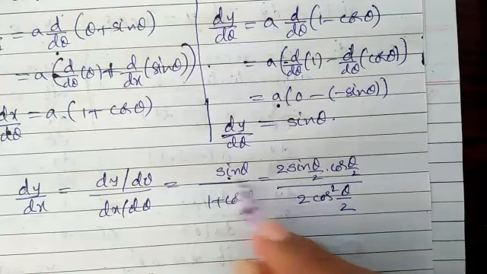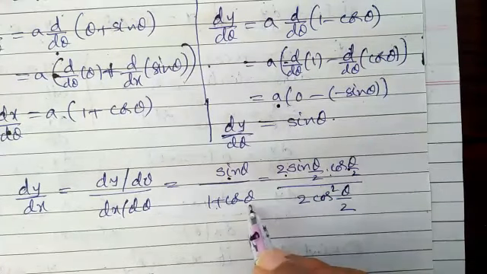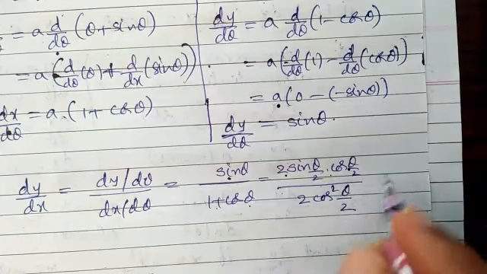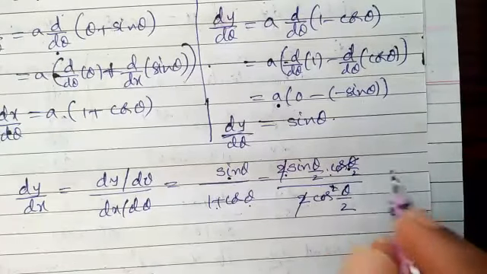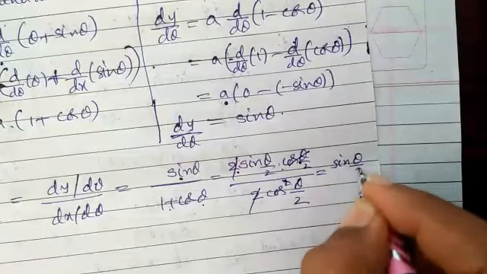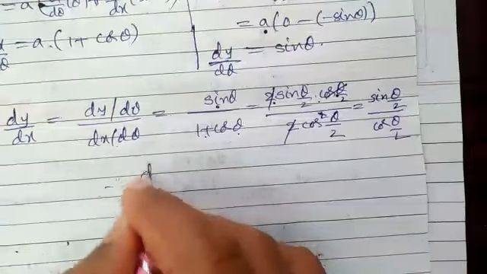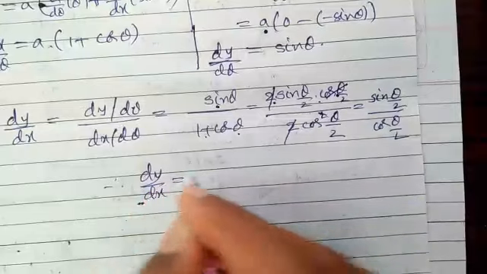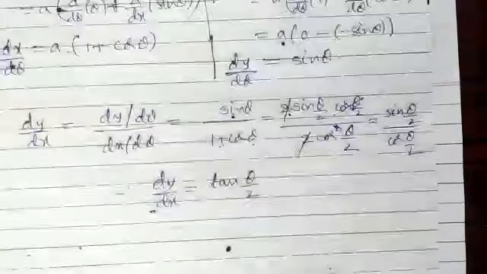The 2 will cancel, one cos theta by 2 cancels. Finally, we get sin theta by 2 by cos theta by 2. Our final answer, therefore, dy by dx is equal to tan theta by 2.